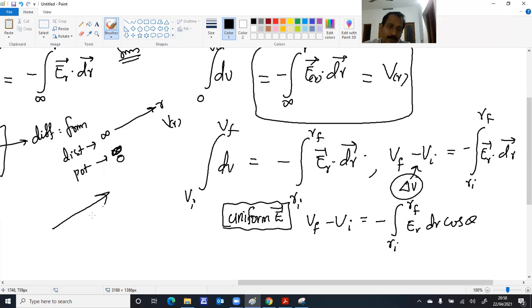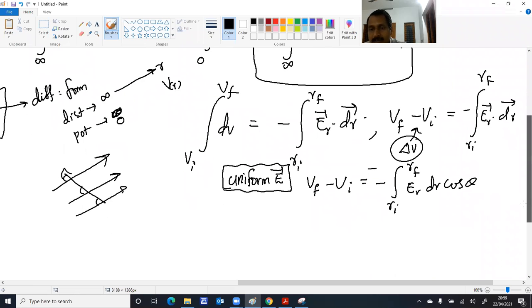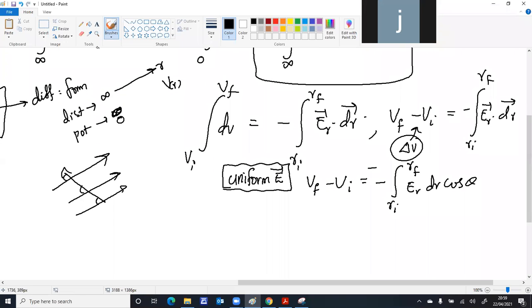For a uniform field, the E and theta remain the same, right? The angle remains the same. Can you confirm?